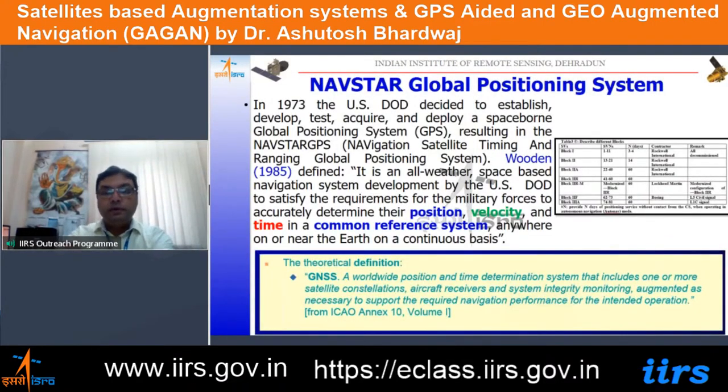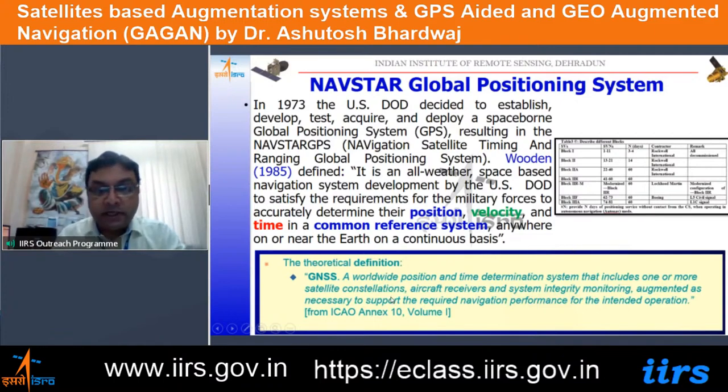So in the last two lectures, we have seen that using the GNSS satellites, we are primarily getting three parameters. That is the position, which in itself includes the latitude, longitude, height above the given datum. So we are primarily using the WGS84, and then we get the receiver velocity also, and then we get the time also. And all these things we get in a common reference frame.